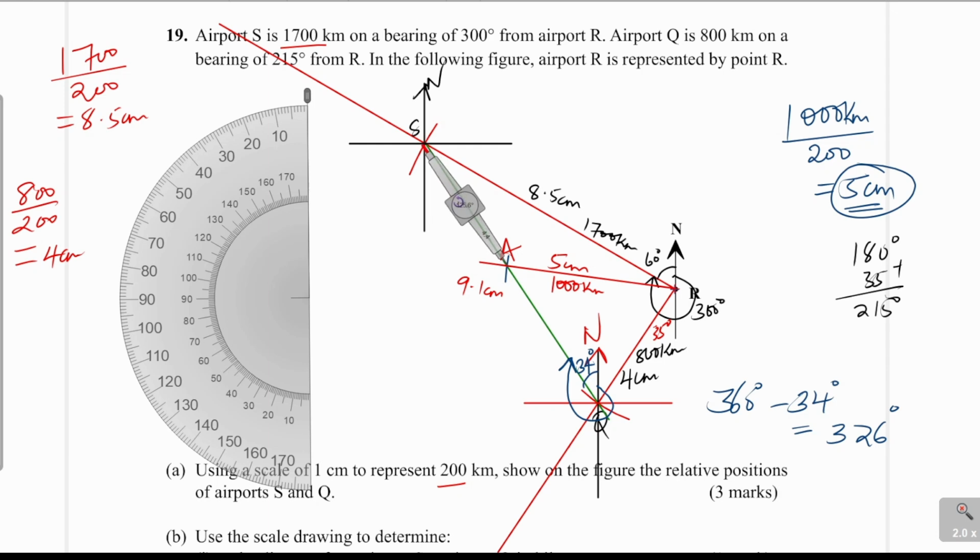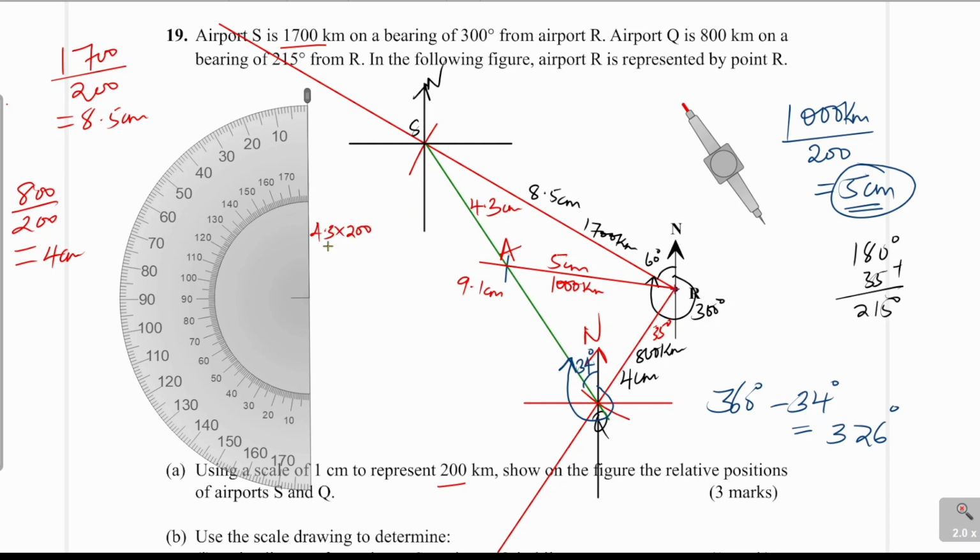You need to be very keen when you are placing your ruler. So you can see from the measurement there where that point is from S, that is 4.3, exactly 4.3 centimeters, and 4.3 centimeters is equivalent to 4.3 multiplied by 200.